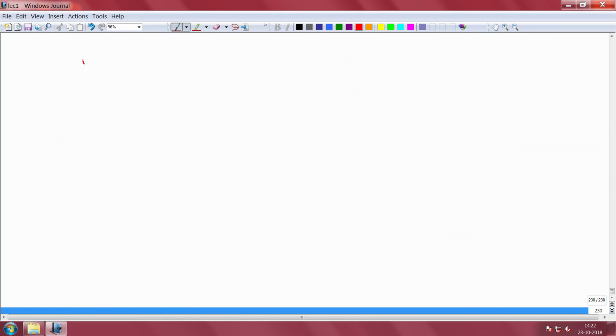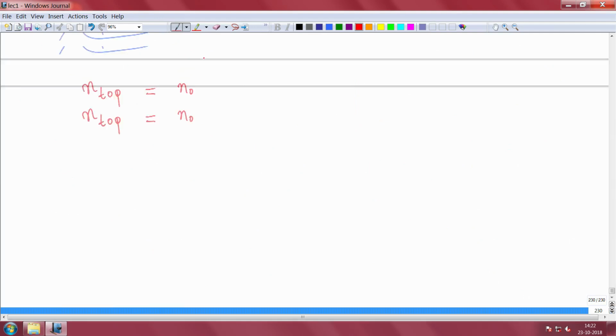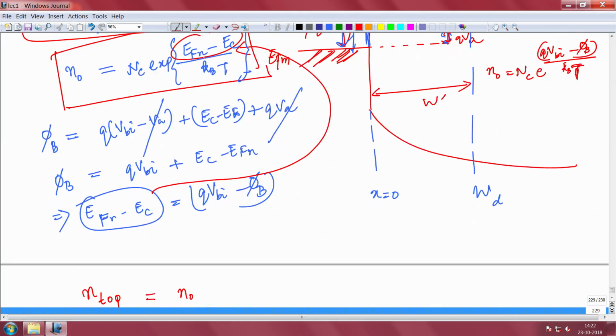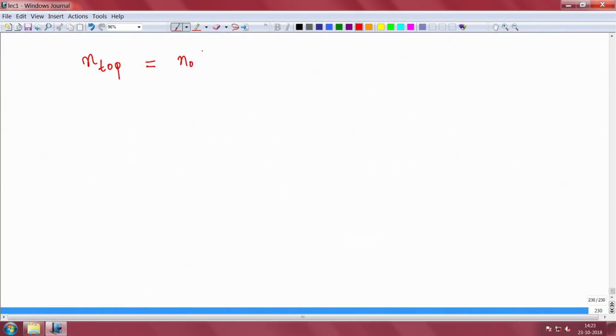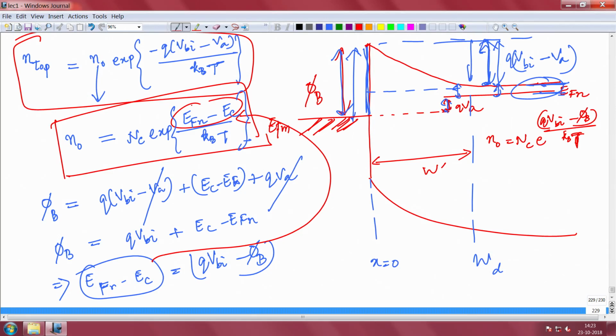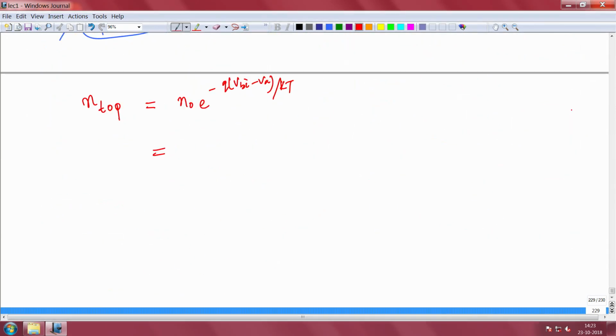So n_top, the electron concentration at the top, is given by n_0 times exponential of minus q(V_bi minus V_A) by kT. Instead of n_0, I will write this, V_bi minus phi_b.